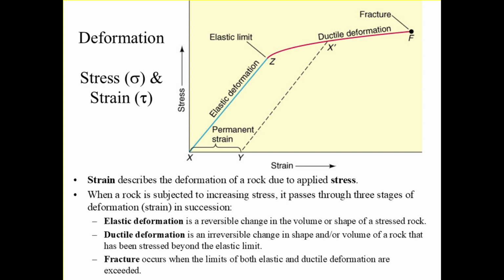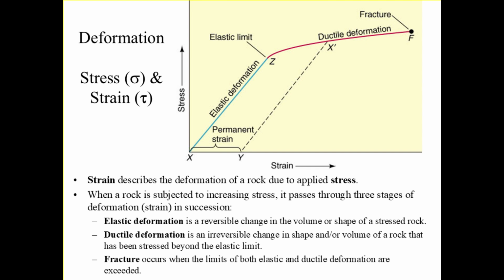And this diagram is showing, okay, we're going to stress a rock beyond its elastic limit, and then we're going to release that stress, and the rock will relax, but it won't go back to its original configuration, and this is called permanent strain, right? So strain describes the deformation of a rock due to applied stress.